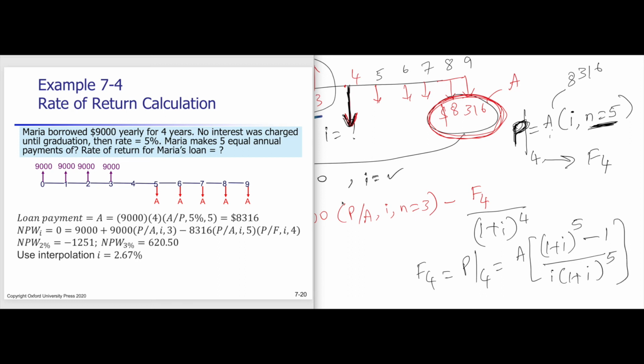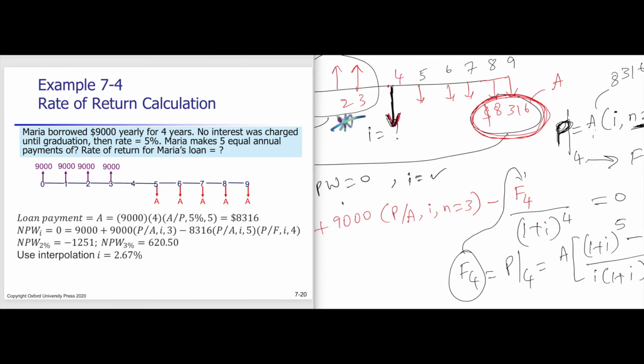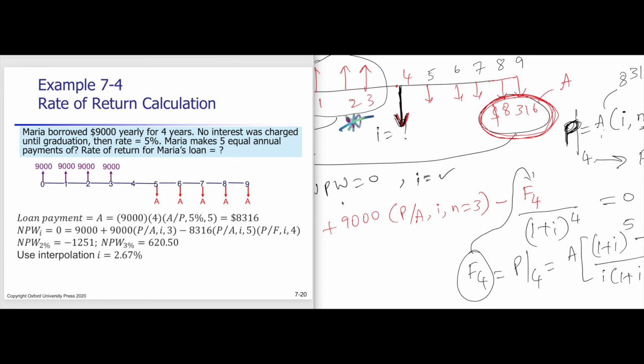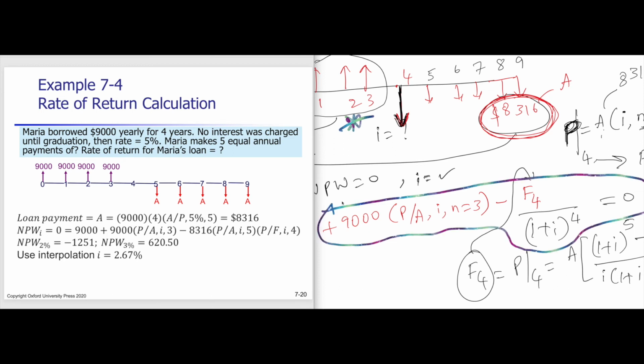Then you get P4, which should be treated as a future 4, and you plug in this value here. And by the way, this is net, and that has to be equal to 0. So we have to solve for this equation. We have to solve for that equation and find what is I.